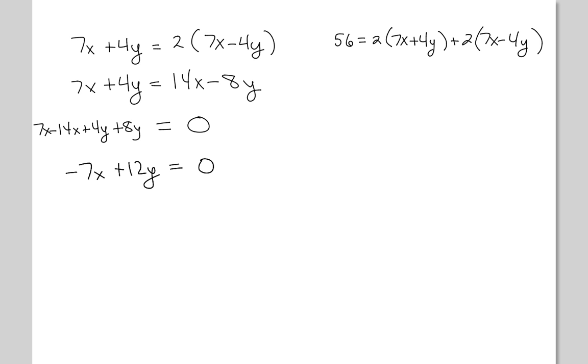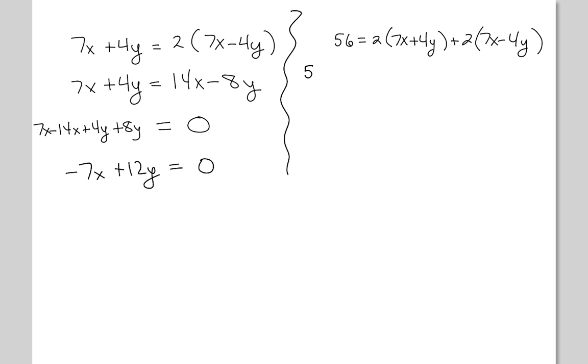Okay with that? I'm just putting all the terms on one side, and then once that happens, I'll be able to stack the equations in columns and then add the two equations to make one of the terms disappear.